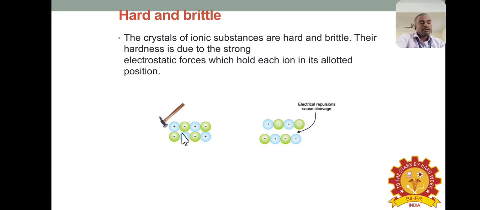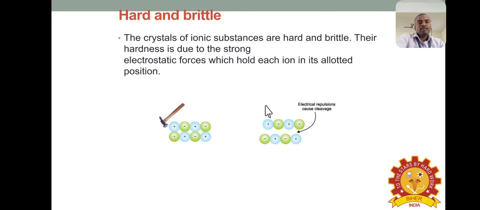Let's go to diamond. In diamond, each carbon is combined with covalent bonds. That's why diamond is very strong. We cannot break the bond. That's why we cannot break the diamond.